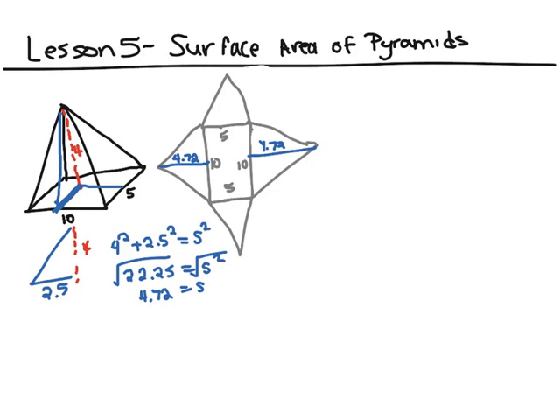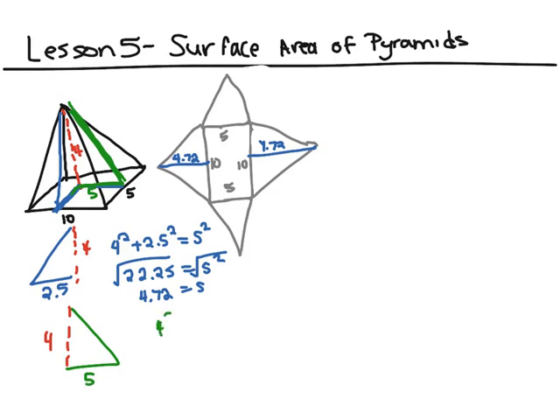Now we also have to find the slant height for this triangle. So this triangle, half of this would be 5. So we have our triangle here. The height is 4. Half of 10 is 5.